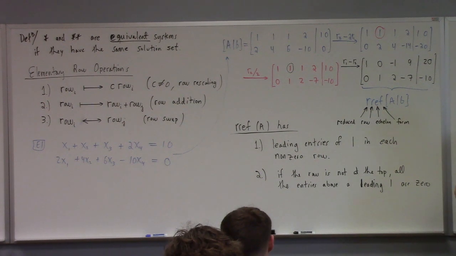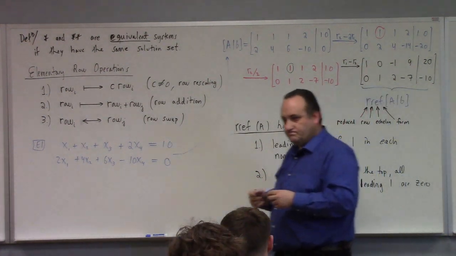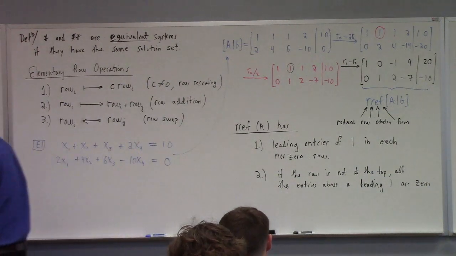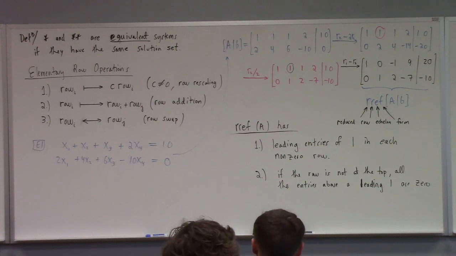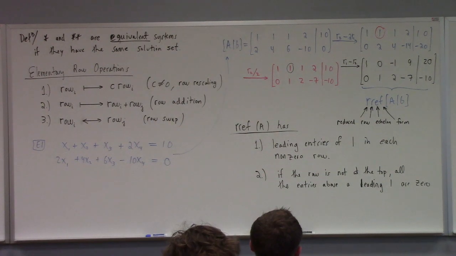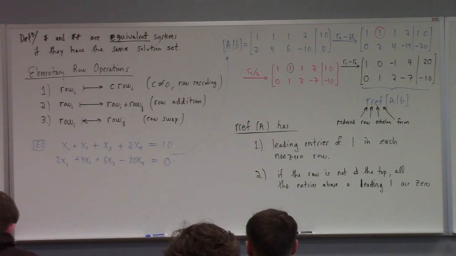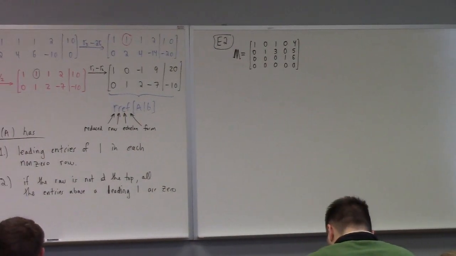I'm just going to call this matrix M. That matrix M is already in its reduced row echelon form.